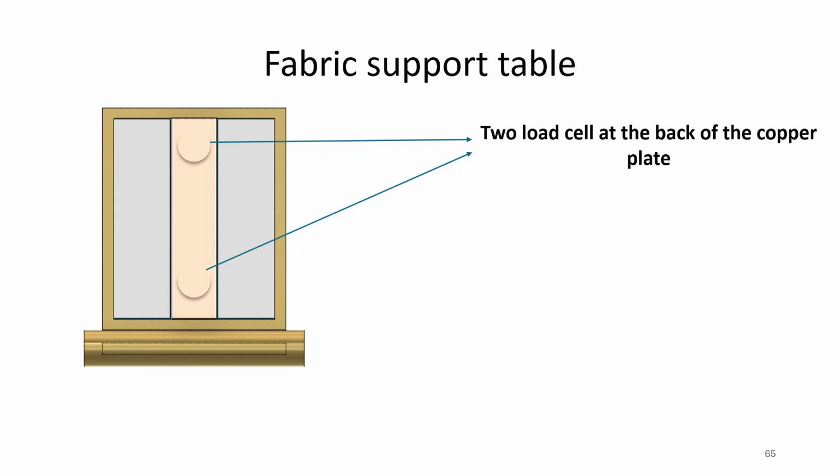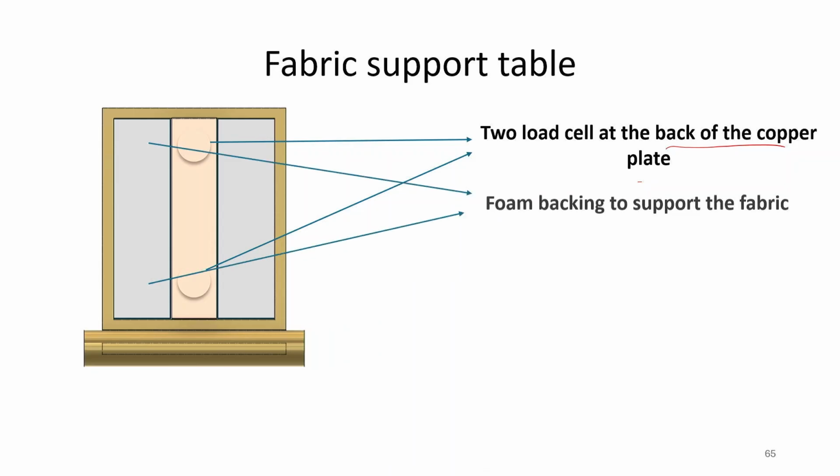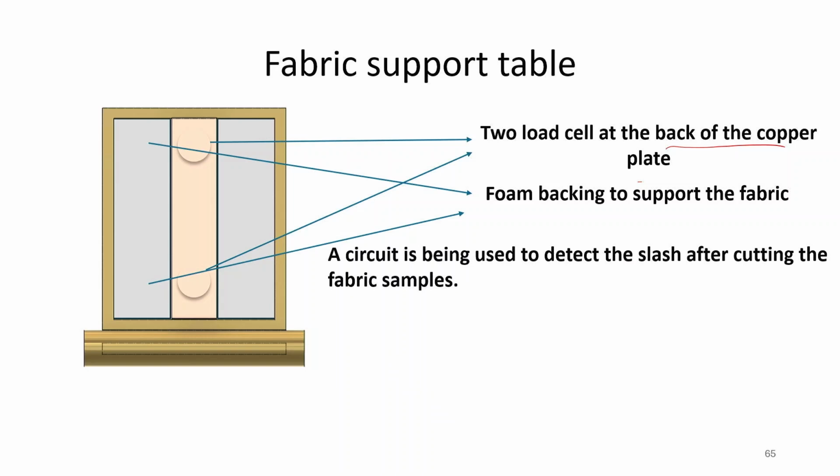This is the automated version, with 2 identical load cells at the back of the copper plate and foam backing to support the fabric. A circuit is used to detect the slash after cutting the fabric.